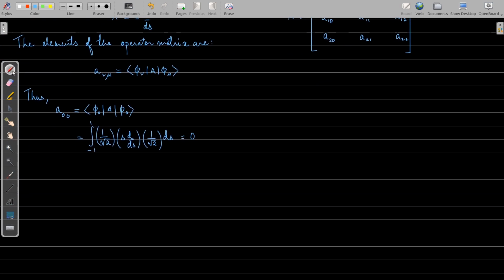Next, a01. How do you find out a01? Again, phi 0 a phi 1. Same way as before, integration -1 to +1, 1 by root over 2, that's phi 0.